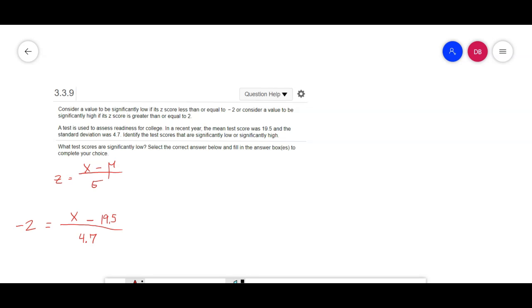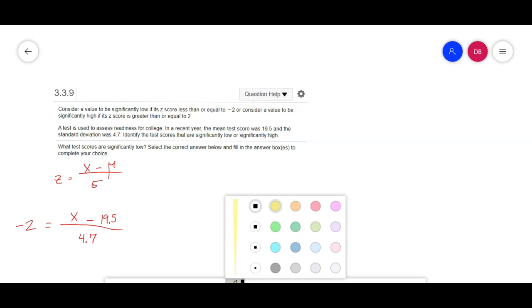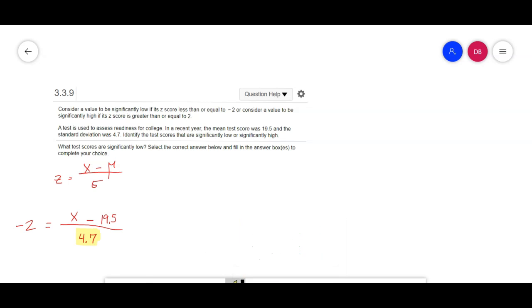The first thing I need to do is clear out this fraction. I need to multiply the left and right by 4.7. If I do it to the right, I have to do it to the left to get it to cancel away.